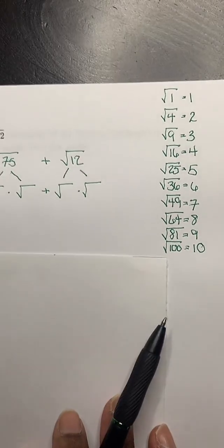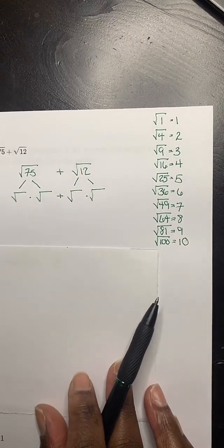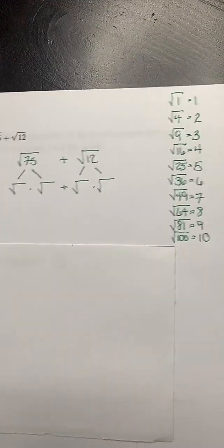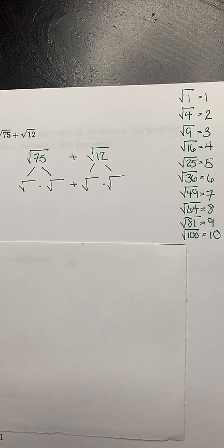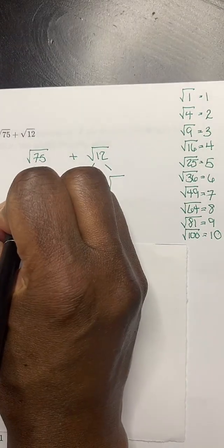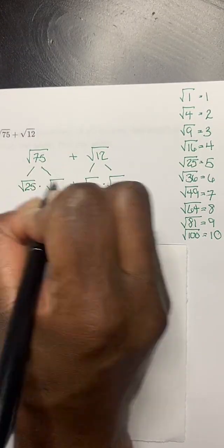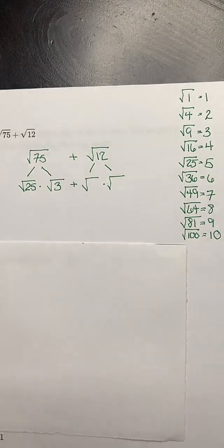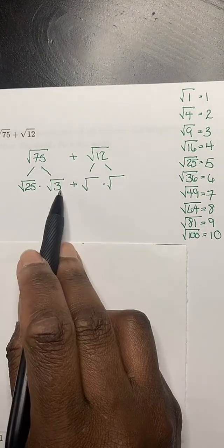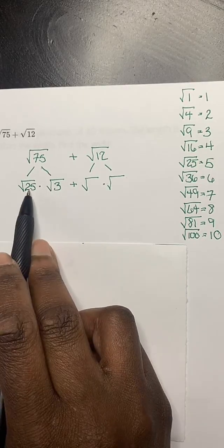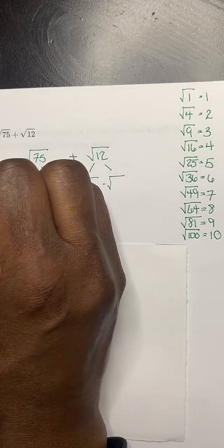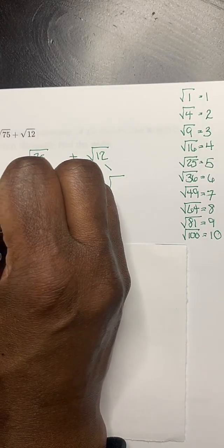I'm going to see if I can fit everything in. I don't want to make it too small, but I don't want to make it too ginormous. Okay, so 75. Every time I think of 75, I think of 75 cents. And I know that 25 is basically the equivalent of 3/4. So 25 times 3, that is what's called a perfect, because 25 is perfect.